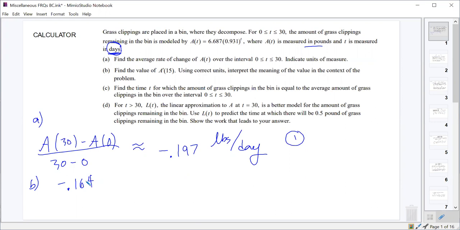And then what does it say? Using correct units, interpret the meaning of this value in the context of the problem. So this is the derivative of A. A is the amount of grass clippings in the bin. So that should be the rate of change of that.